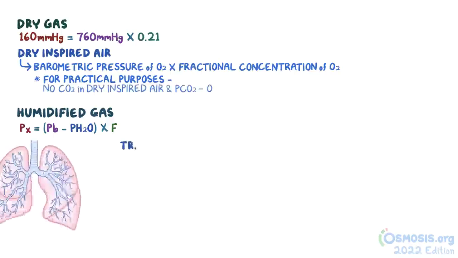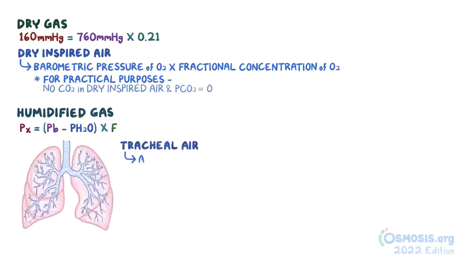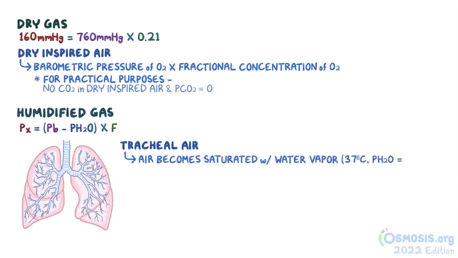In humidified tracheal air, it is assumed that the air becomes fully saturated with water vapor. At 37 degrees C, the partial pressure of H2O is 47 millimeters of mercury. Thus, in comparison to dry inspired air, humidified tracheal air has a lower partial pressure of oxygen because the oxygen is diluted by water vapor.